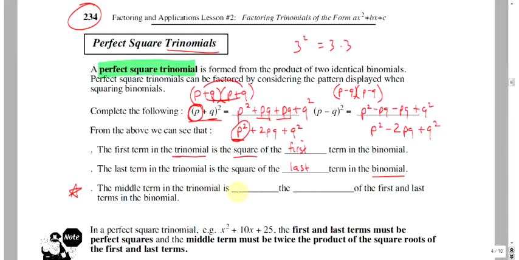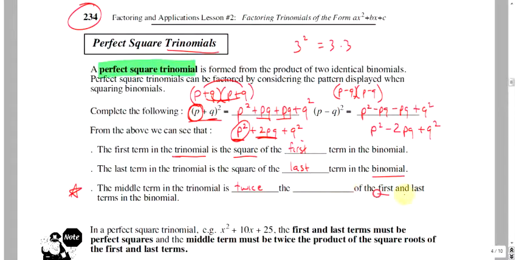This is the important part. The middle term in the trinomial, that's this, is what? How do we get this from this and this? There's a 2 here. What's the word for 2? Double or twice. Either or. We have a billion words to say the same thing in English.